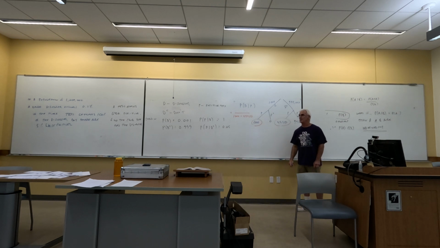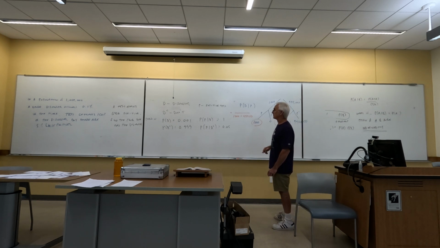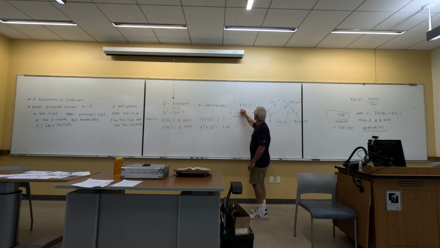The question is, what's the probability you have the disorder? Well, what's my numerator? 1,000. Let's do this calculation.